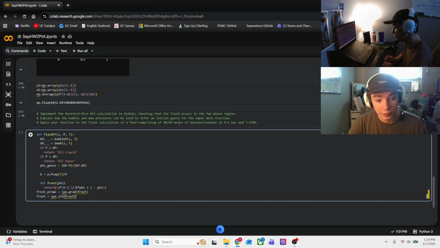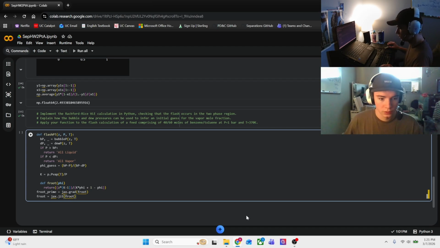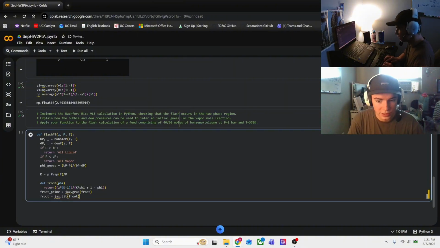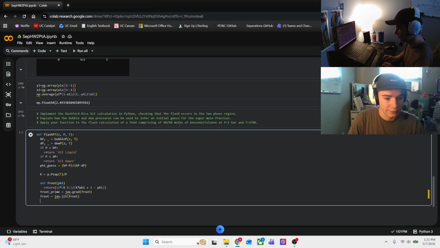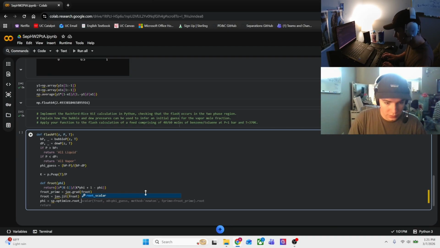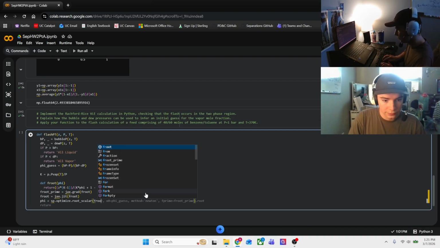So moving on from this, now that we have our f root prime, we can go ahead and find our root for phi. So to do this, actually need to kick these up into our function. I kicked them down. Go ahead and move these. We are going to say that scipy phi is going to equal scipy.optimize.root_scalar of our f root with our x0 equaling our phi guess from above.